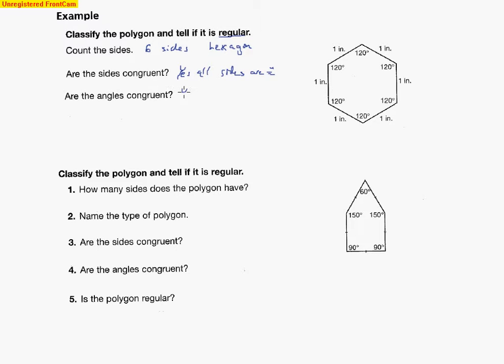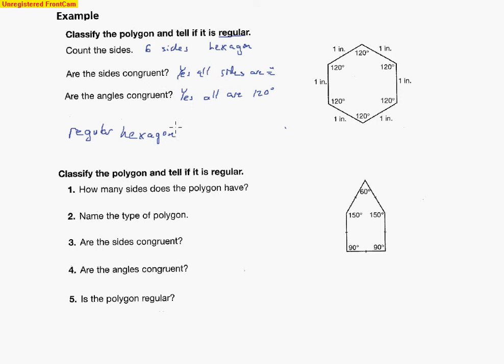So yes, all are 120 degrees. And so we would say, since all sides are congruent, all angles are congruent, it's a closed figure, then we would say this is a regular hexagon.